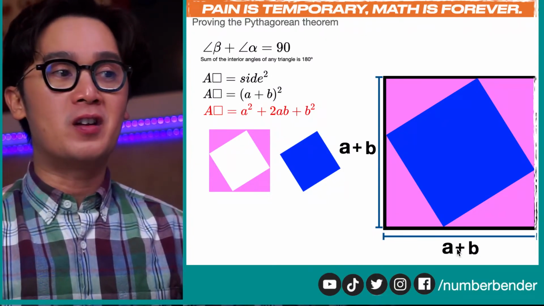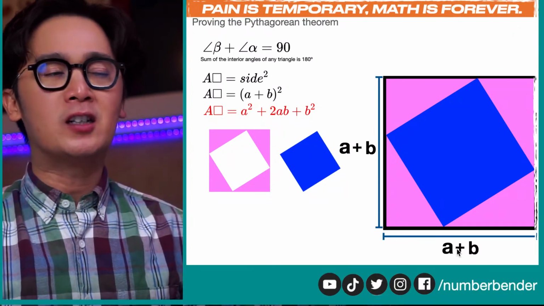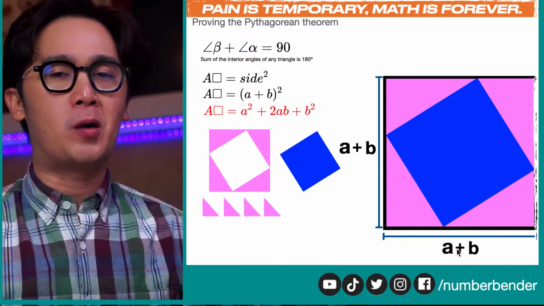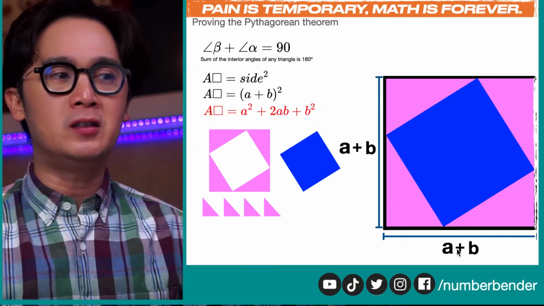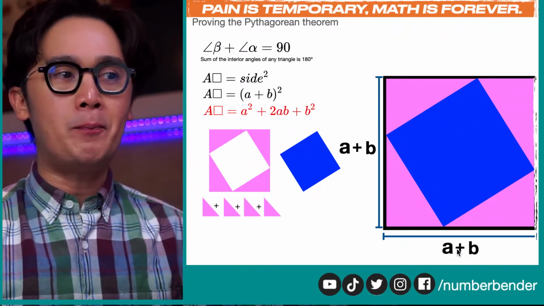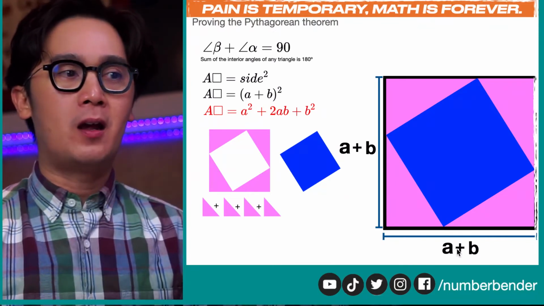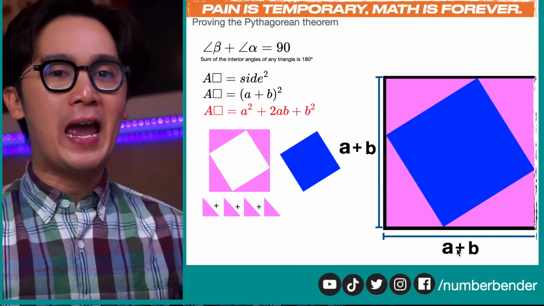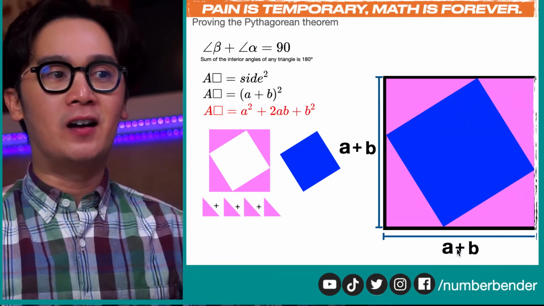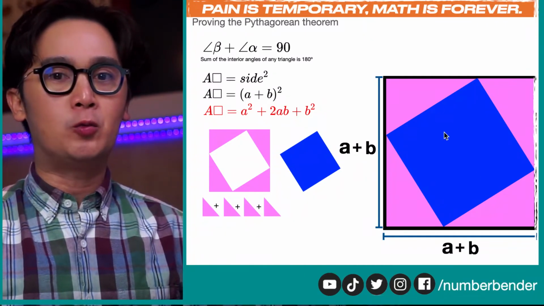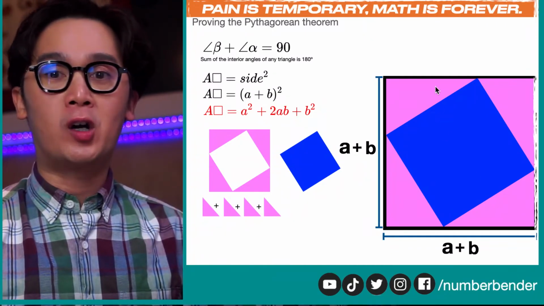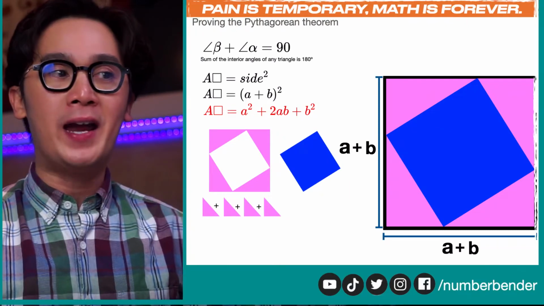So for the formula for the triangles, let's see how many triangles we can use. We are seeing 4 triangles, so all we need to do is add them up, and add the blue square that we have from the figure that we're able to form using the 4 duplicates of our right triangle.